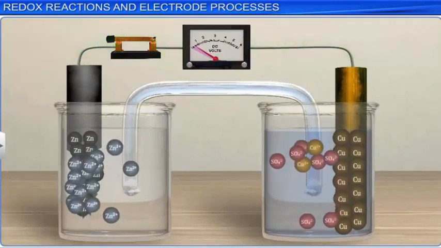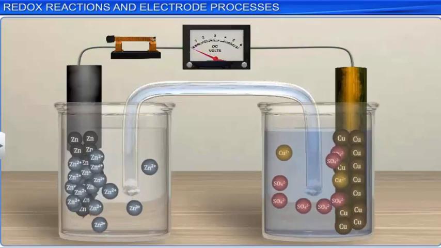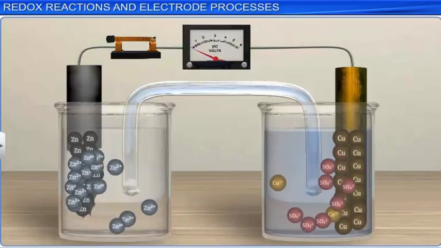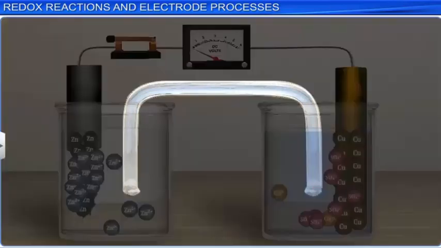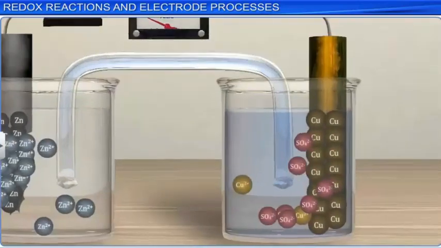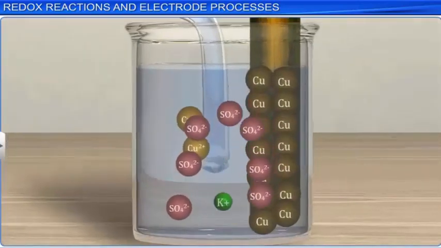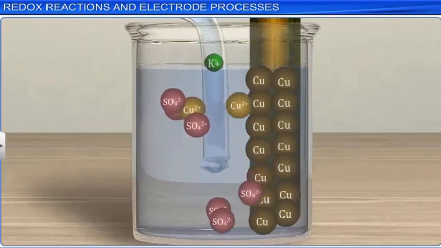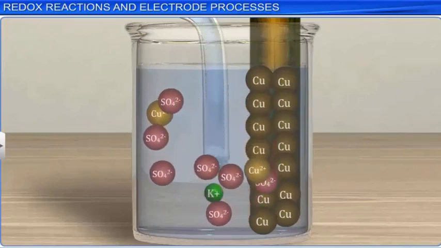To avoid such a situation, the salt bridge plays an active role. The positive potassium ions move from the salt bridge into the copper solution, thereby neutralizing the negative charge.